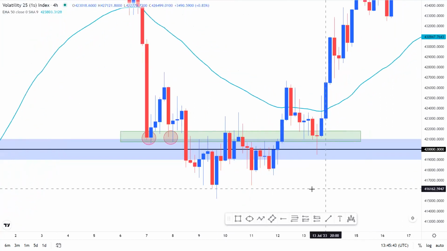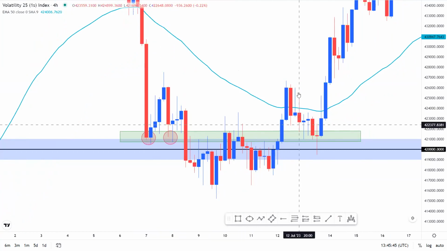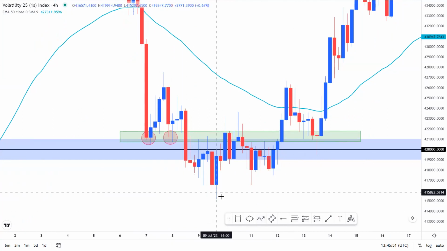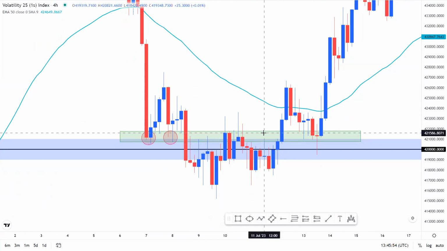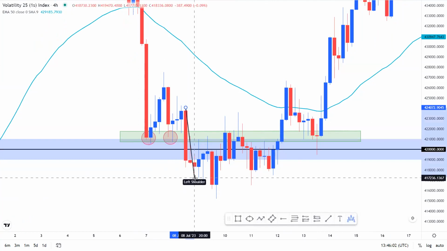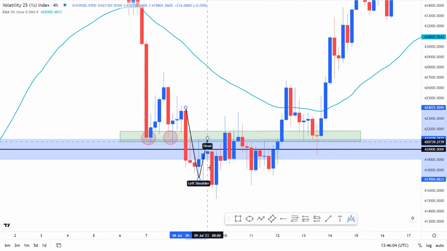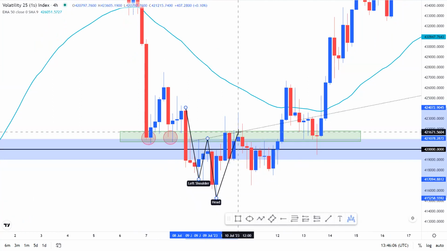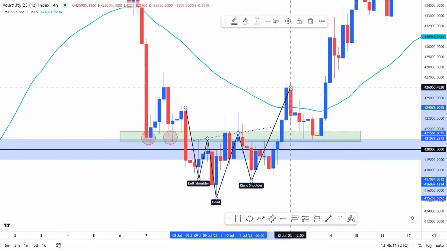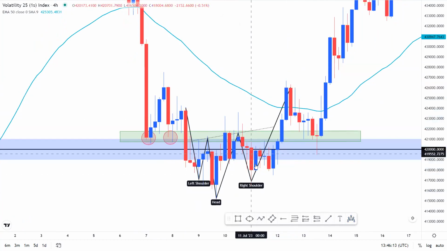And then again, if you pay attention to the price action at this very level, what you get to notice is that upon reaching our daily area of interest, we also had more like a mini inverse head and shoulders pattern, which, as you know, is a bullish reversal chart pattern.